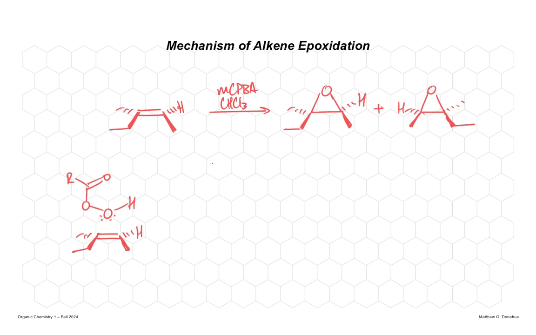So I'll use some color because I can, because that's the oxygen that's being transferred. And for the most part, the mechanism depicts exactly what is happening, but there might be some trajectories that are not accurately depicted here, but the arrow pushing is what it should be.